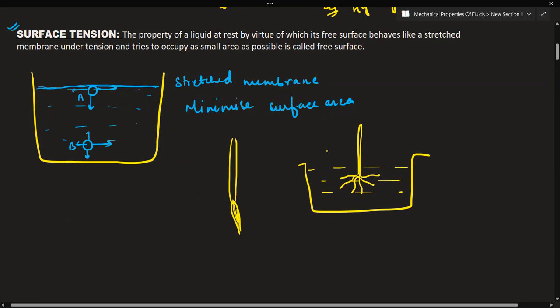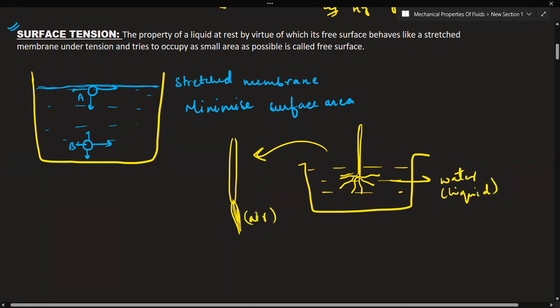And when you take it out back into air again, it becomes like this, the surface of the paintbrush. So what happens is that for a given volume, this paintbrush has to attain its minimum surface area. So every surface of a liquid tries to become spherical. That's why when you take the brush out, this is the case for water, or for the fluid or the liquid, you can say.